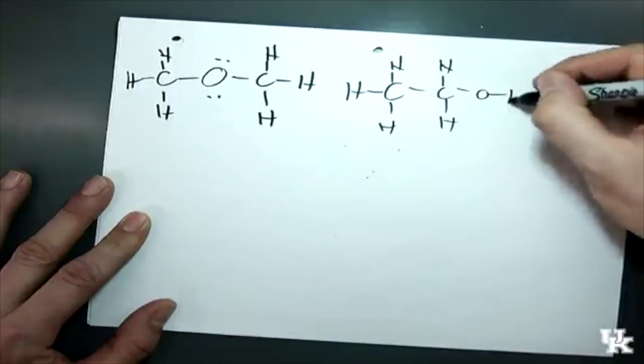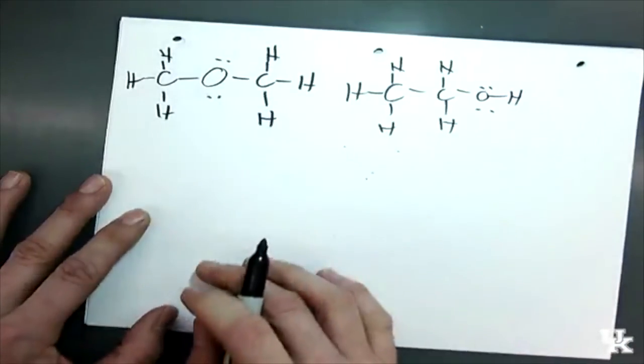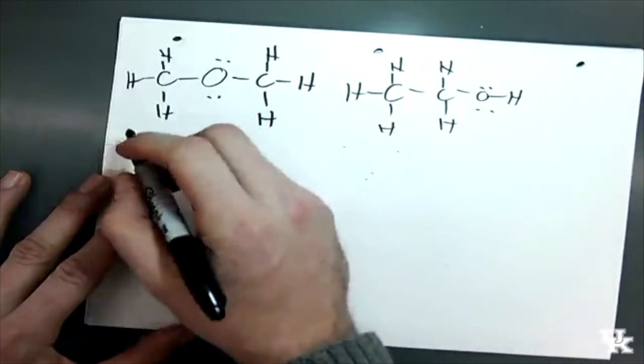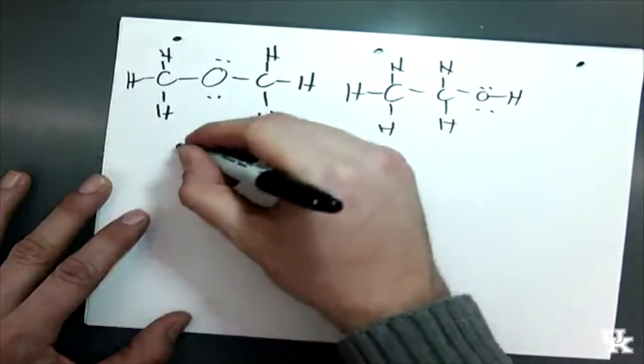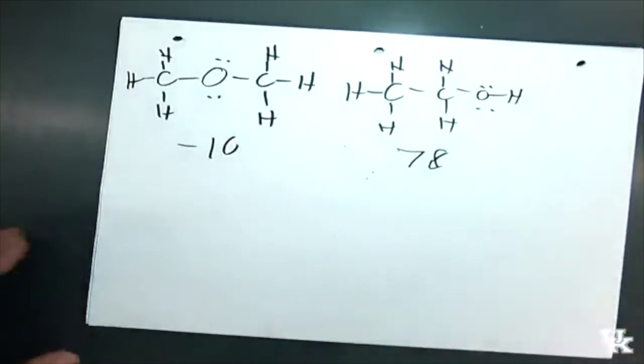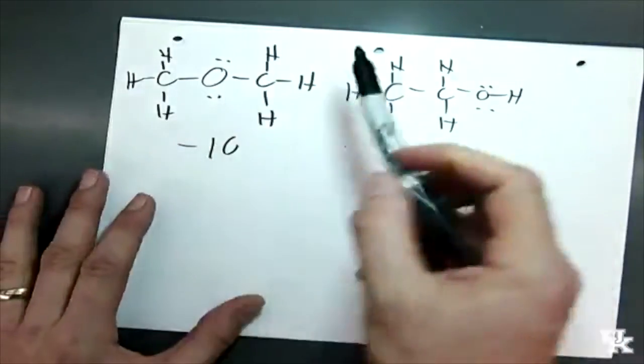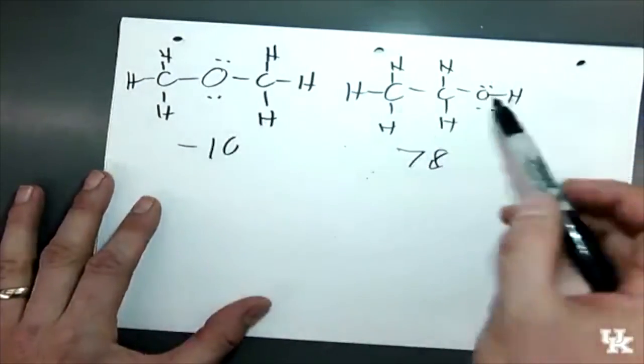We said that the dimethyl ether had a boiling point of something like -10, and ethanol was 78, more or less. And we said that was a huge difference because you had the difference in hydrogen bond acceptors.